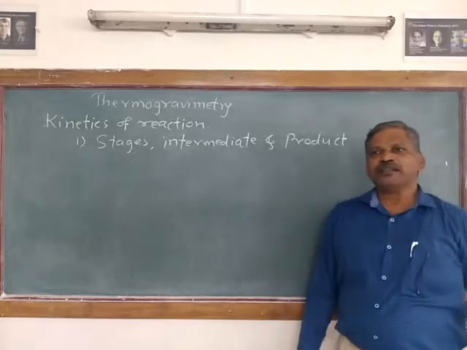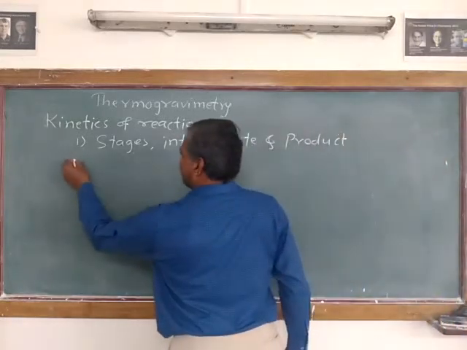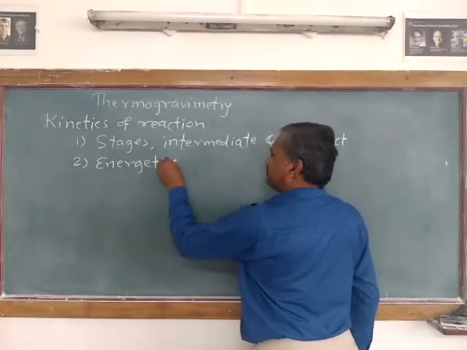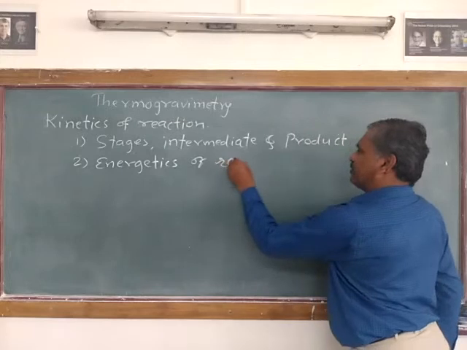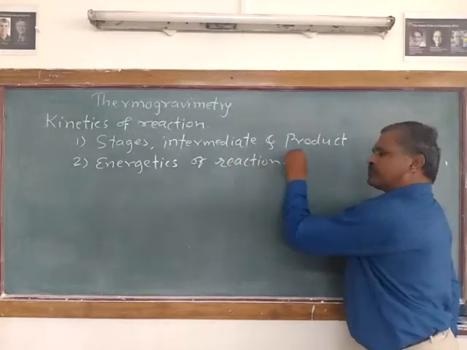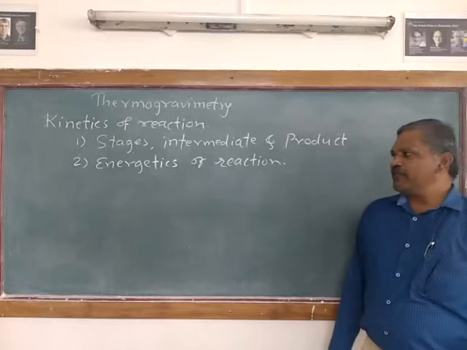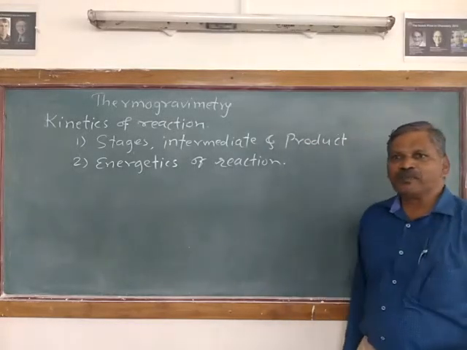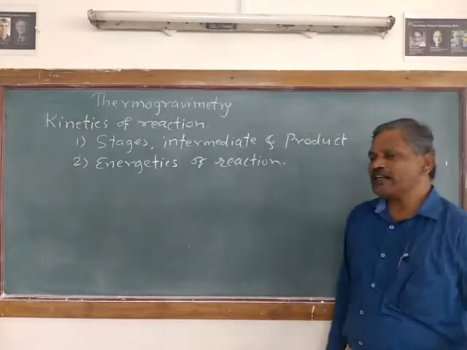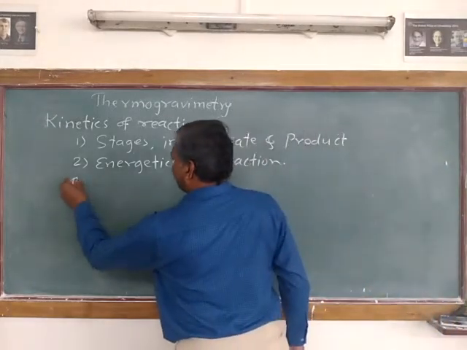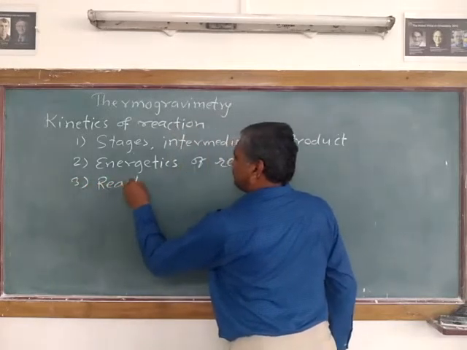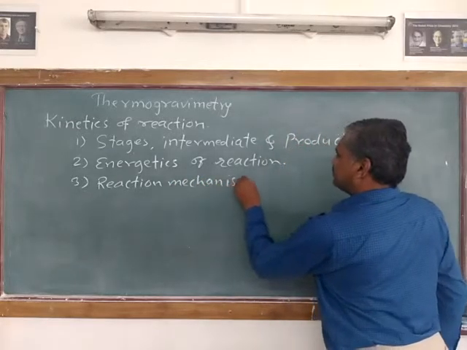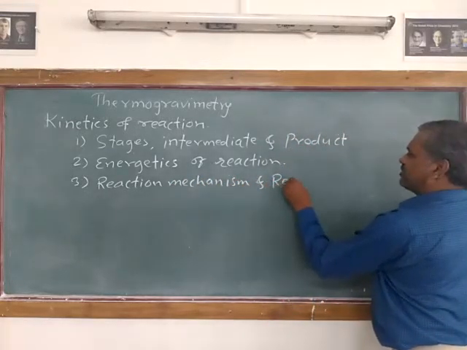The second part is the energetics of reaction. Different stages of the reactions are there and their energetics we can study. And the third part is the reaction mechanism and reaction kinetics.